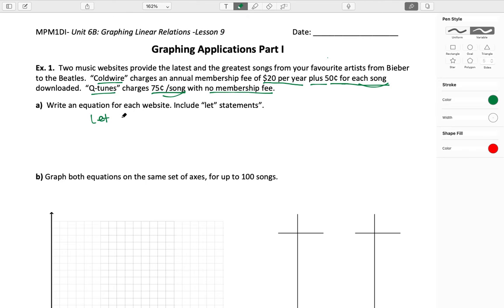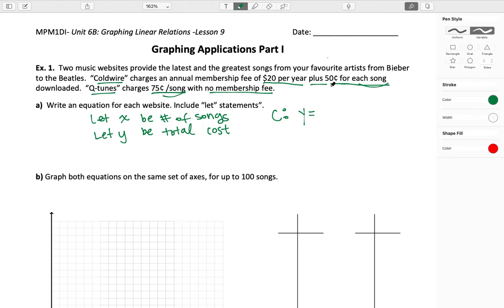So let's say let X be the number of songs that are downloaded, and let Y be the total cost, right? How much it's going to cost you to download a song and for a membership, if there is one. So for Coldwire, Y is equal to 50 cents per song.